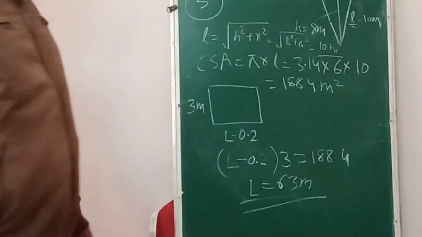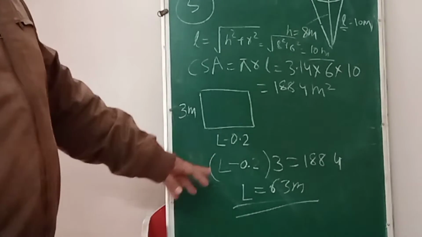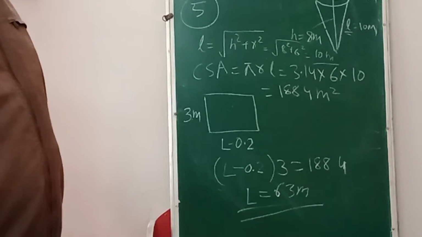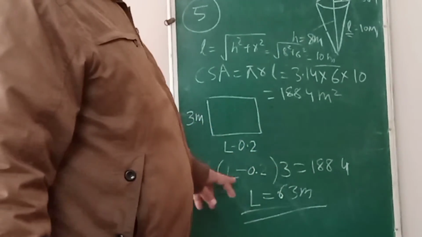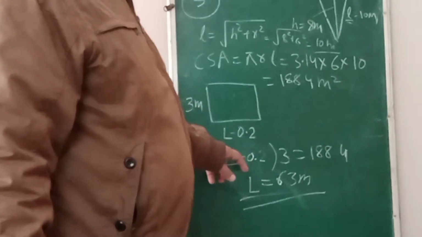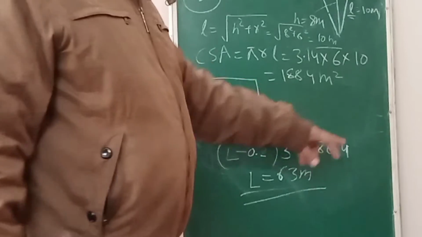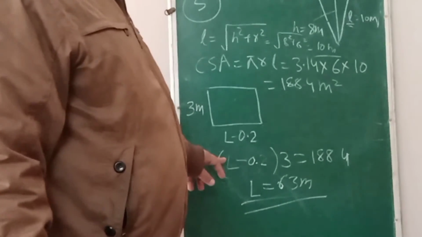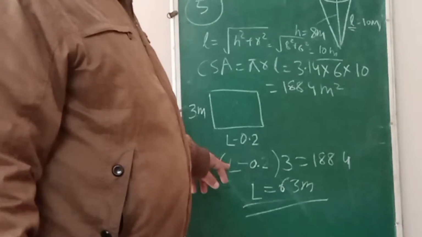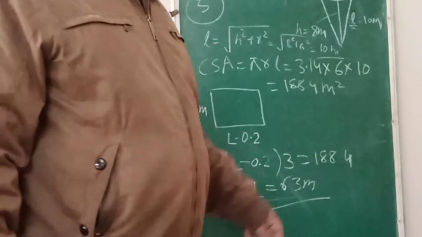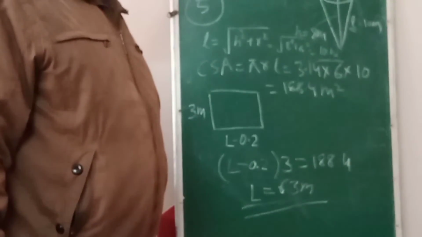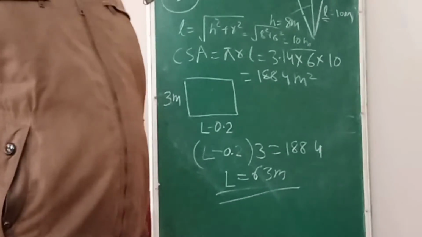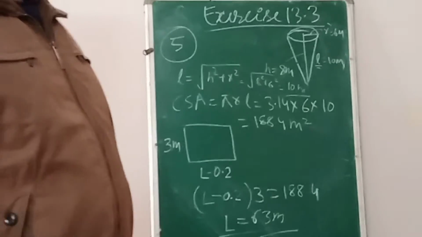Upon solving, this is not a very great thing to do. 3 will multiply here, 3 will multiply here, this will go there, so that will be added up, then 3L, so 3 will go there and it will be a divisor, and we will get the length of the tarpaulin at 63 meter. This is all about the 5th question.